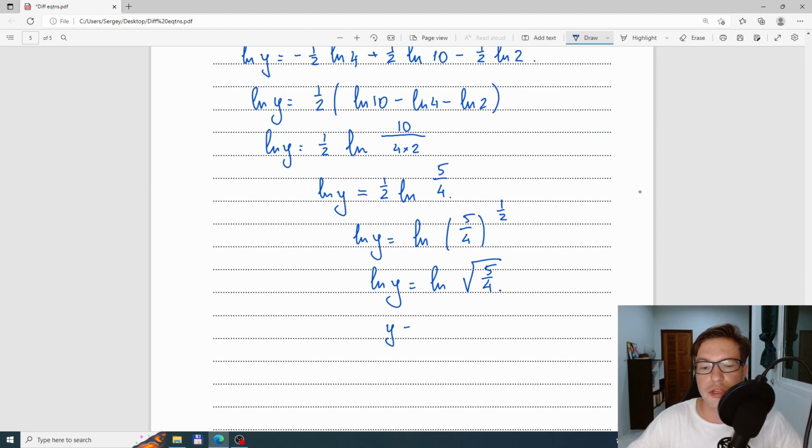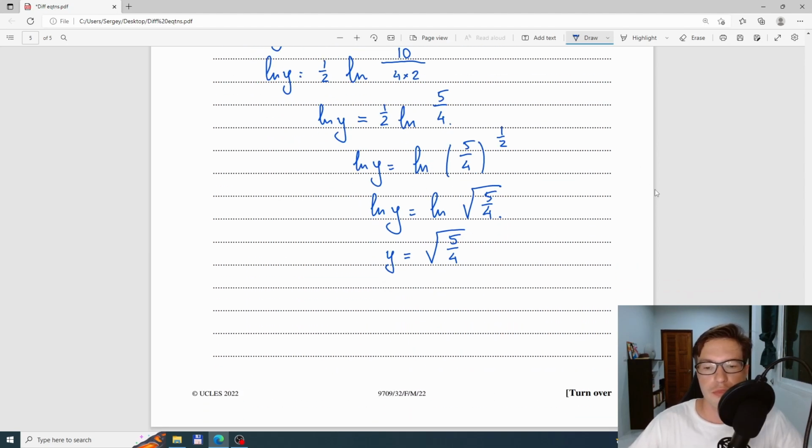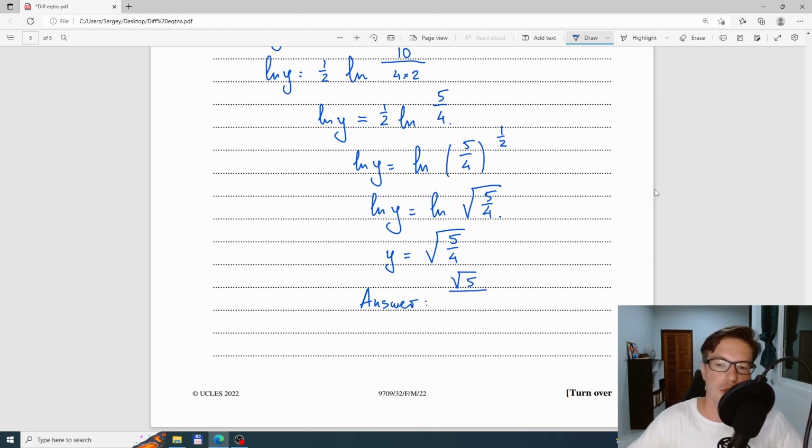Okay, so that means y equals the square root of 5/4. And as the final answer, I will give the square root of 5 over the square root of 4, which is, of course, 2. Okay, so here we go. That's the final answer.